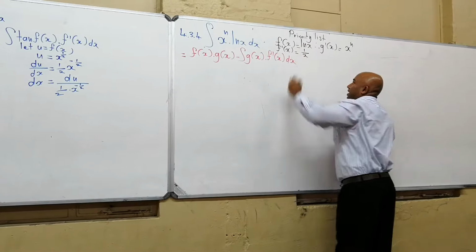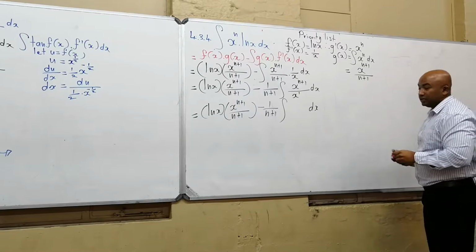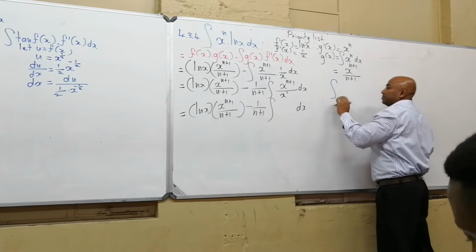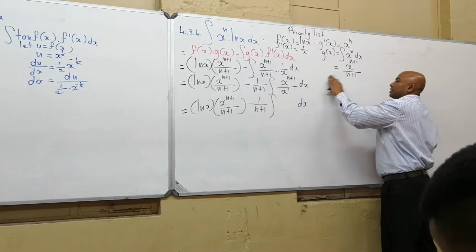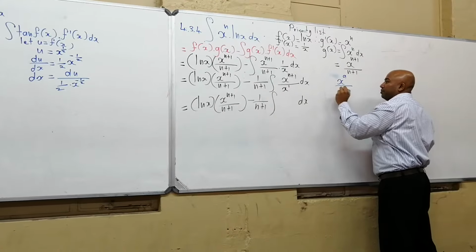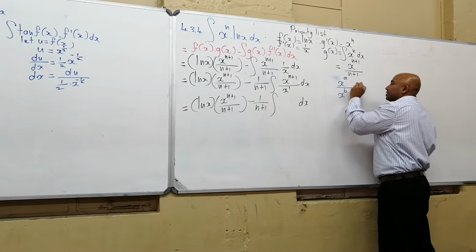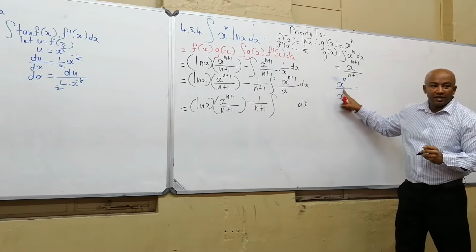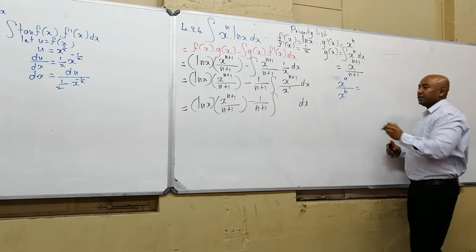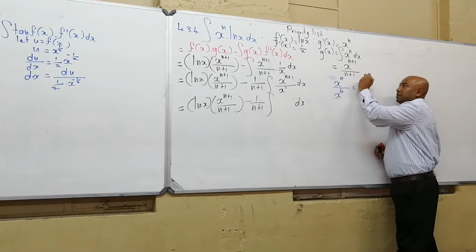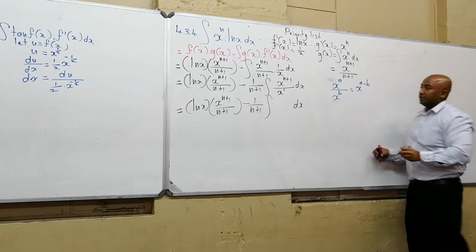Right, so we know from our exponent laws, going back to exponents, when you have x to the power a divided by x to the power b, when we are dividing and the bases are the same, we write down the base one time and then its top exponent minus bottom exponent.